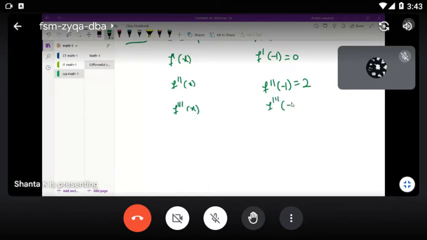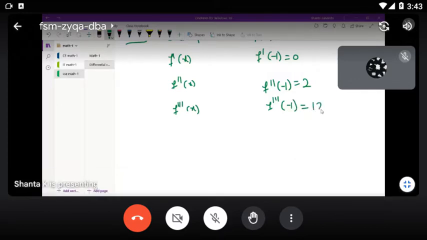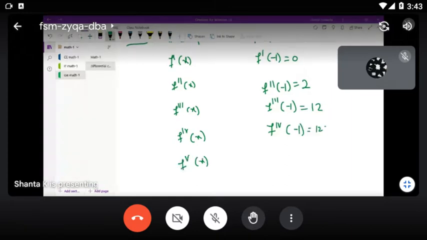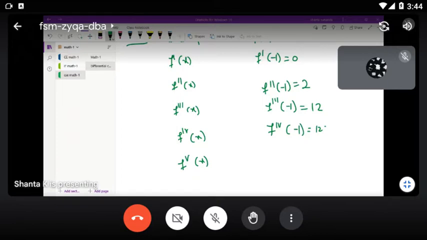And this one, third derivative at minus 12. Now fourth, 120, and 168, 20. Fourth derivative at minus 1, how much are you getting? Minus 120.